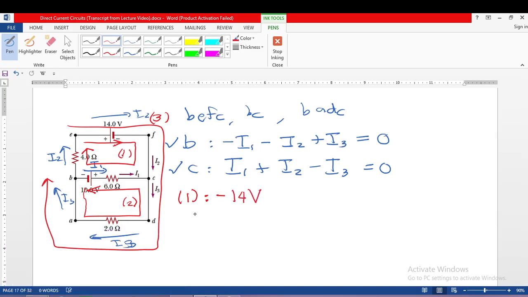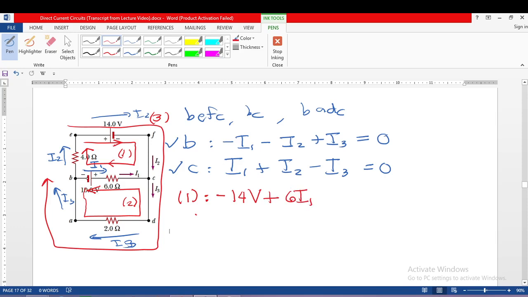Next, the 6 ohms. The current through the 6 ohms is going in one direction, but the loop is going in the opposite direction. So the voltage across 6 ohms is positive, meaning we have positive 6 I1, which is I1 R1. How about for 10 volts?